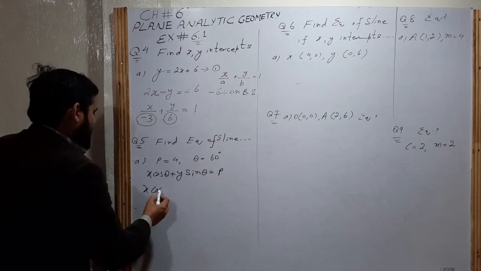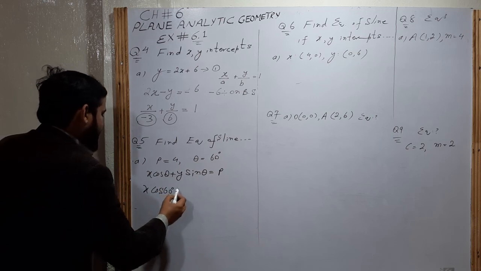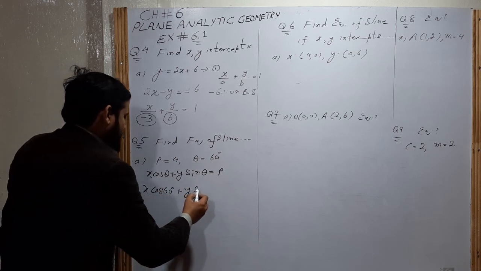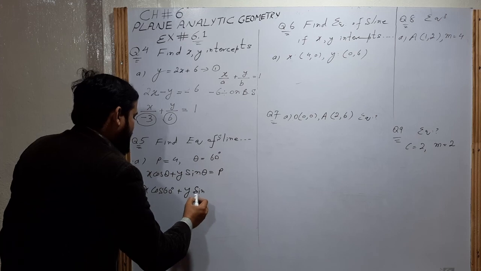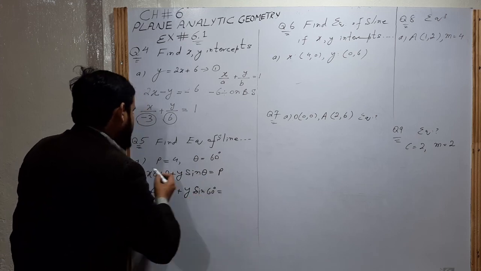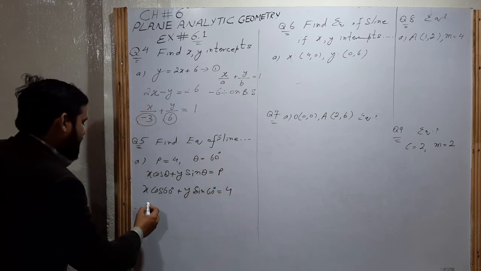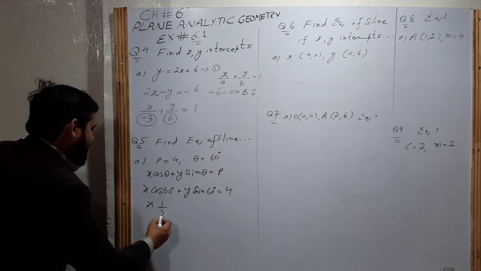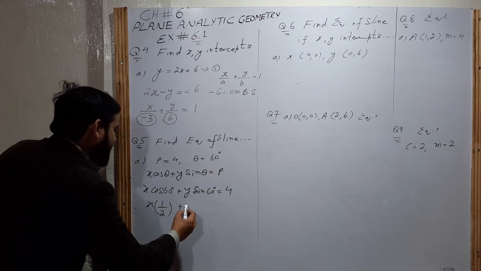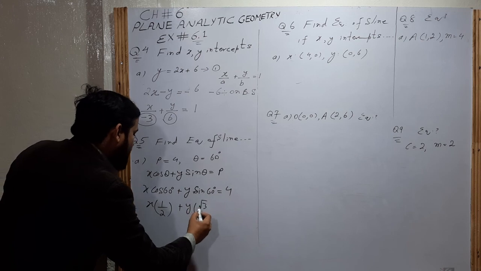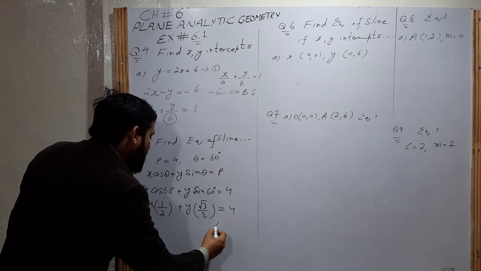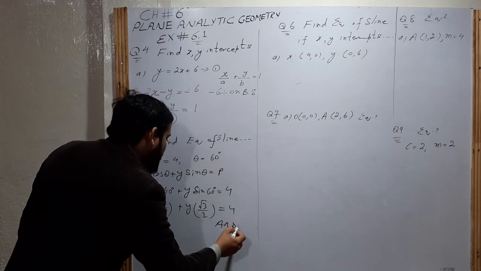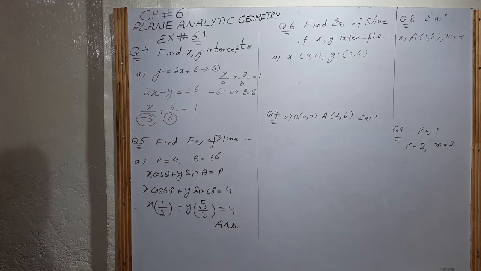Theta in this case is 60 degrees, so x cos 60 degrees plus y sin 60 degrees is equal to p, and p is given as 4. After simplification, cos 60 is 1 by 2, and sin 60 is root 3 by 2, so this is equal to 4, and this is the equation of the straight line.